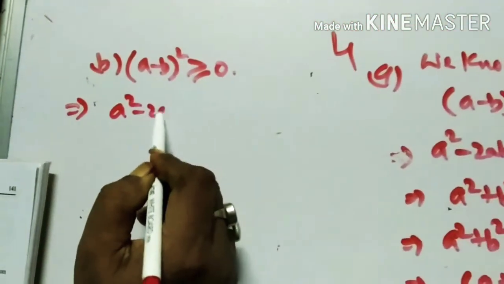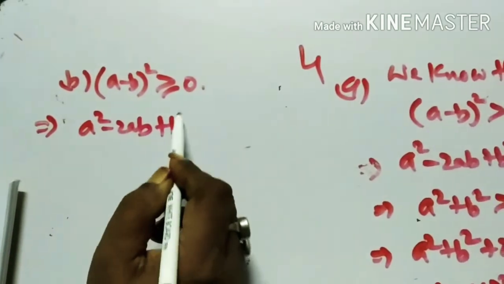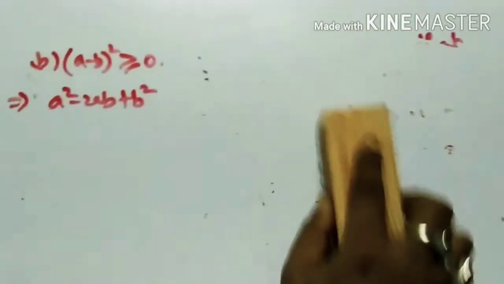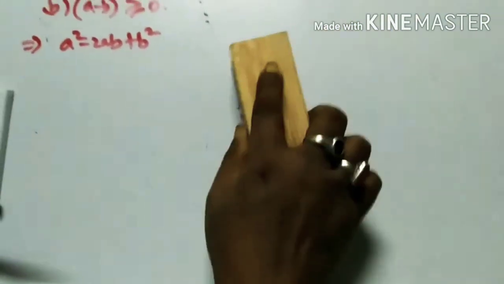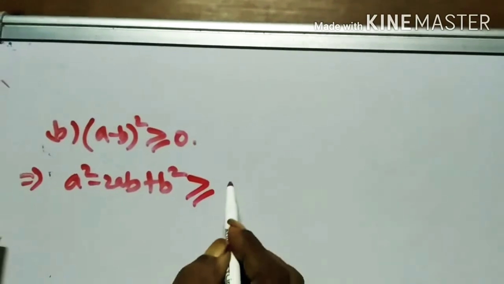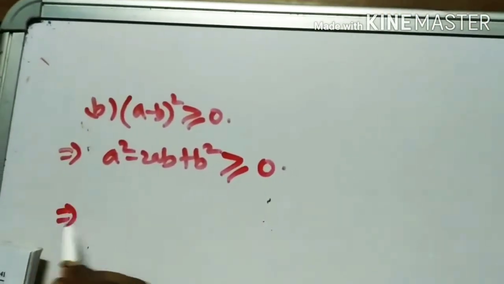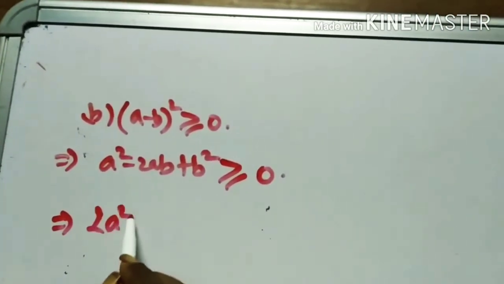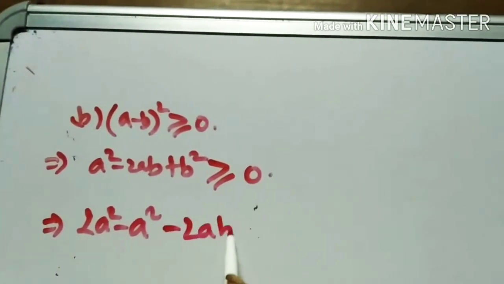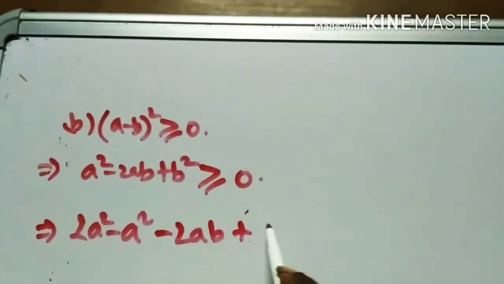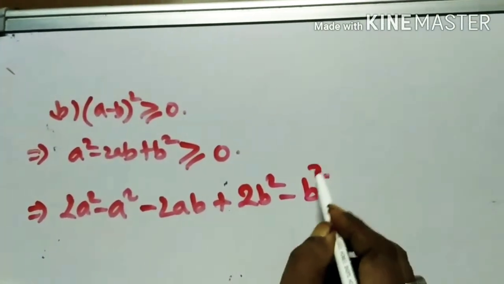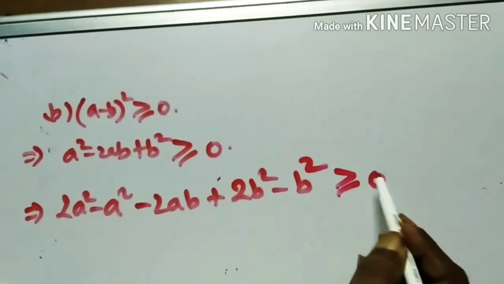a square minus 2ab plus b square greater than or equal to 0. So I will write this as a square minus 2ab plus b square greater than or equal to 0.